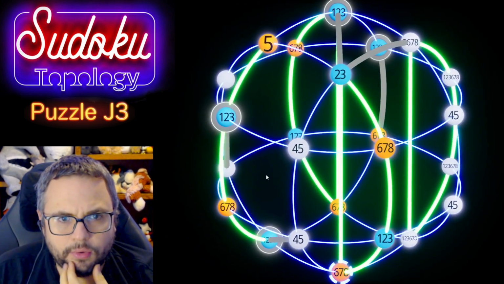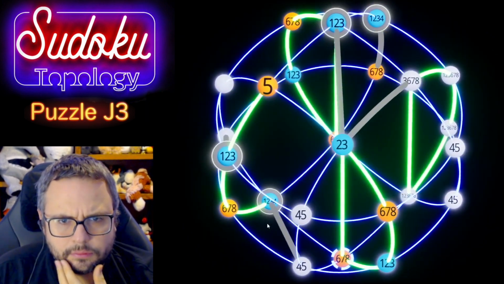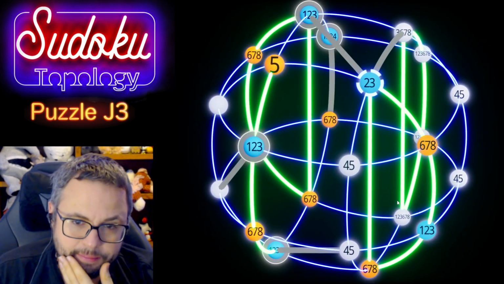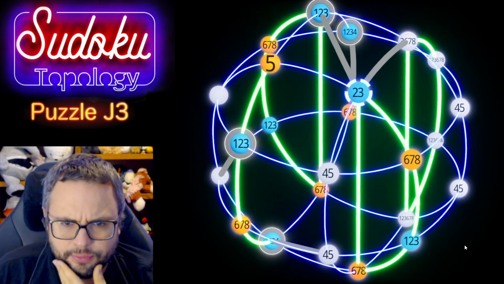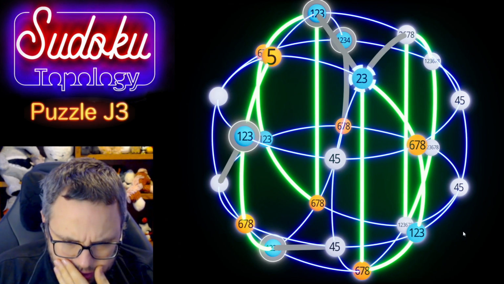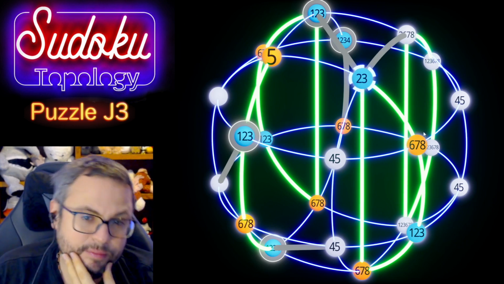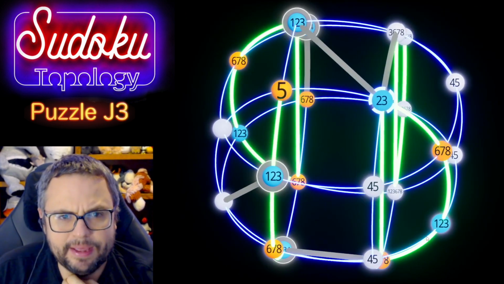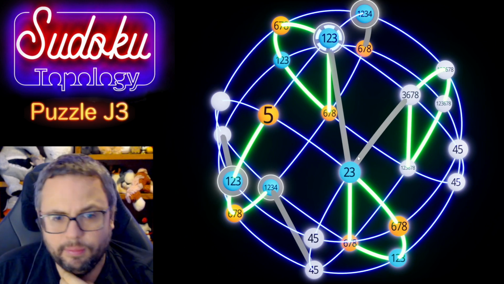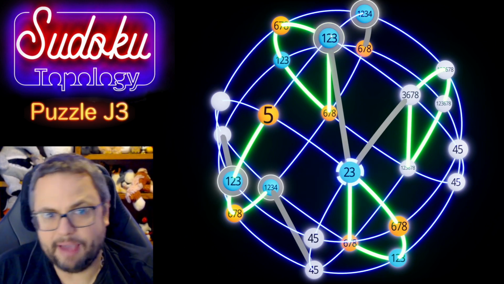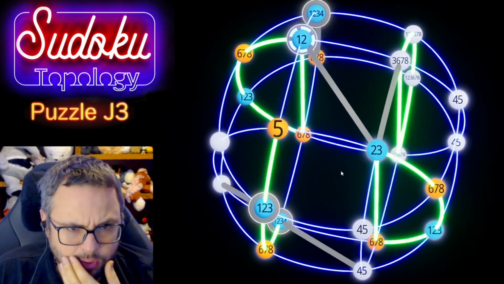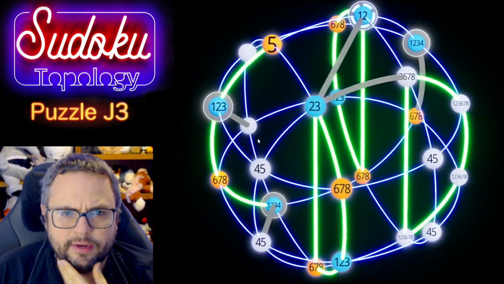Okay, so I'm still trying to make it mean something that this is a 2 or a 3. 3 is still 4 away from both 7 and 8, so it's not like it can't be a 3. Oh, it does mean this one isn't a 3 for what it's worth, because if this were a 3, then this would have to be big, and it's not. So that's a 1 or a 2 for what it is worth.